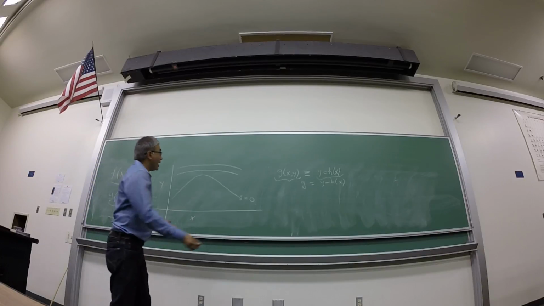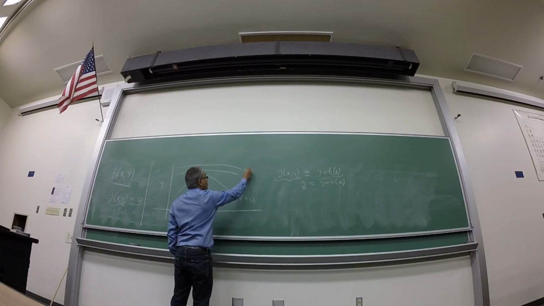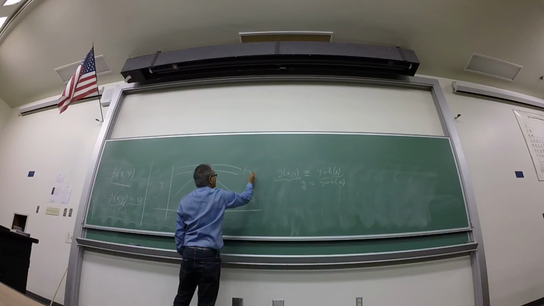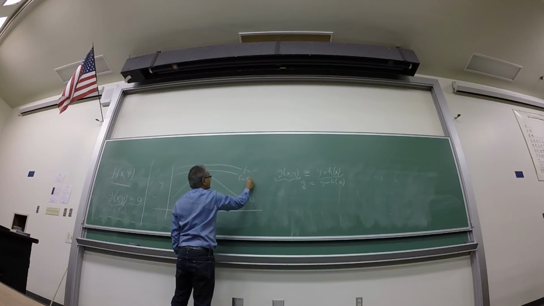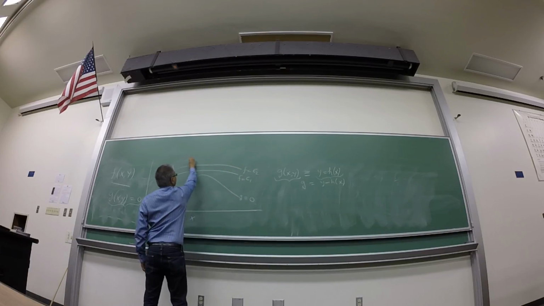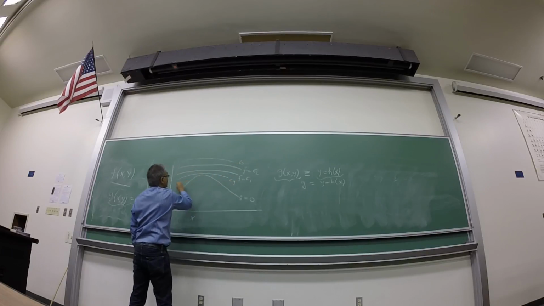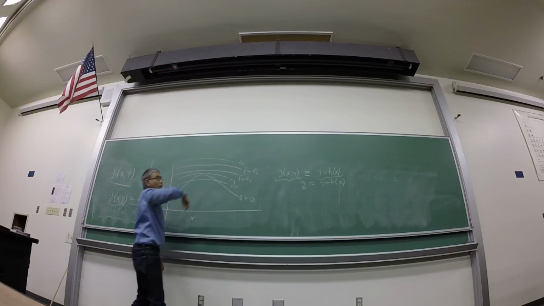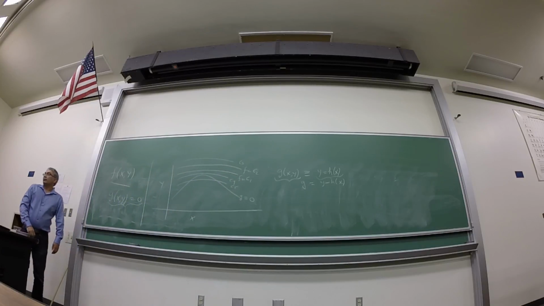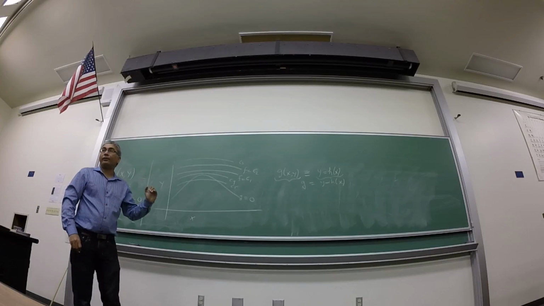You can also draw f equals some constant value. So let's say you draw f equals c1, c2, c3, c4, c5, and so on and so forth.